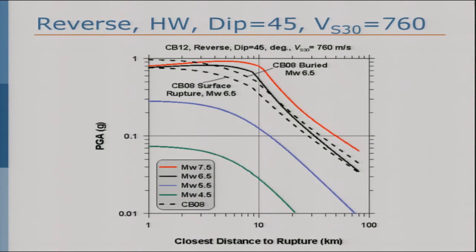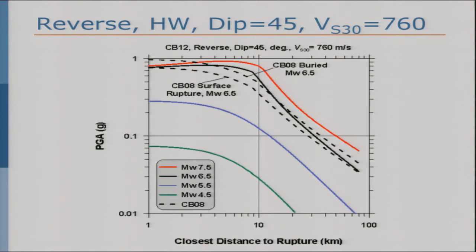This is plotted against not Rx, but actual rupture distance. So this is the actual ground motion values you would estimate and use in predicting the ground motion. And so you can see the new model actually ramps up a little bit and peaks around the bottom edge of the fault and then dives off. Whereas our previous model peaked at the top edge of the fault and went down.